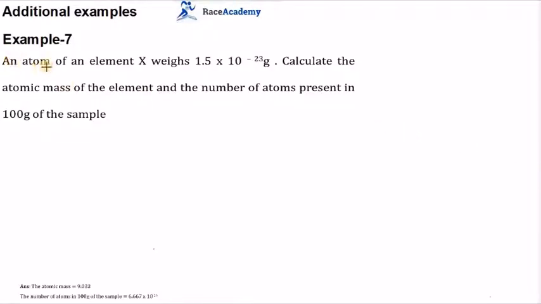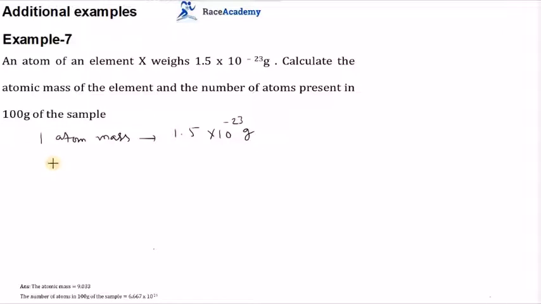That is the next problem. An atom of an element X weighs 1.5 into 10 to the power of minus 23 grams. So what is the one atom mass? One atom mass is how much? 1.5 into 10 to the power of minus 23 grams.